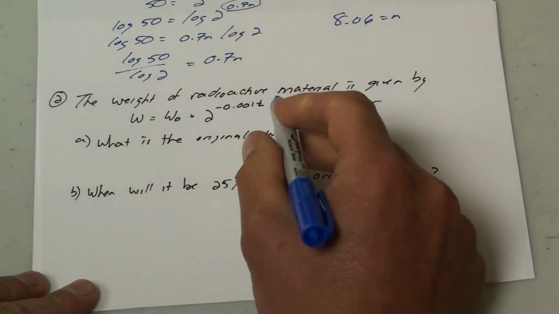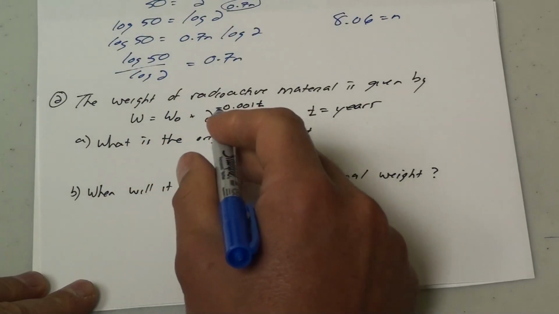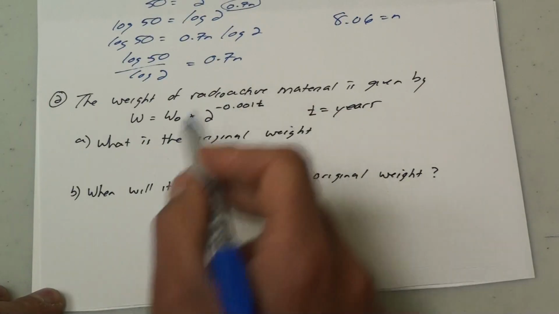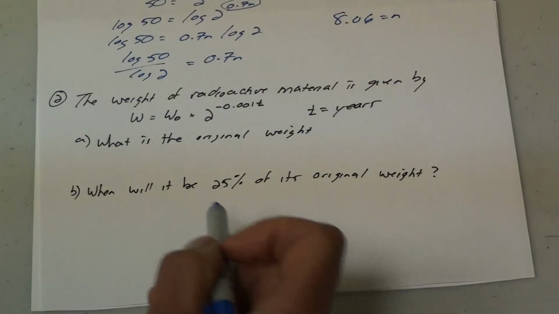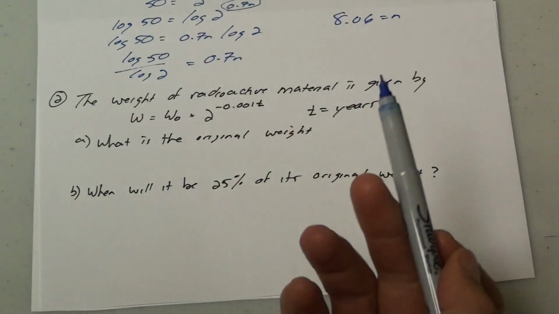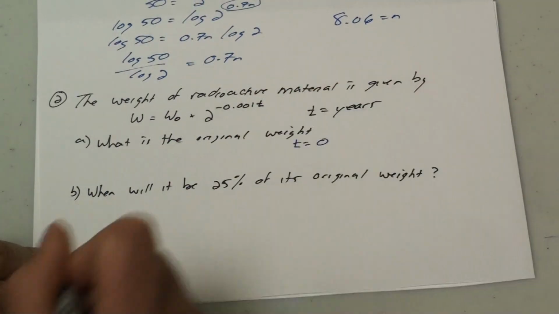Next: the weight of radioactive material is given by W equals W0 times 2 to the negative 0.001t, where t is years. What's the original weight? Now, you'd never assume what the original weight is from your first number in front. A lot of times it will be, but don't ever assume. Put time equal to 0 into your equation.